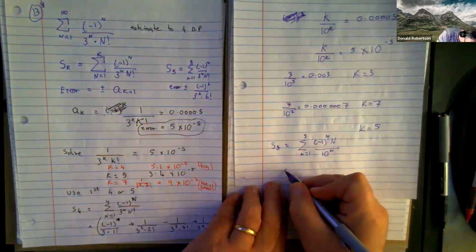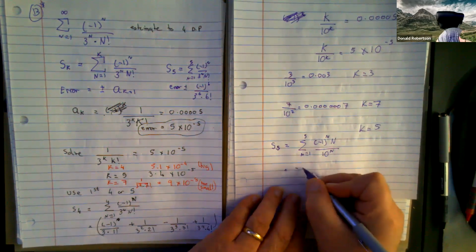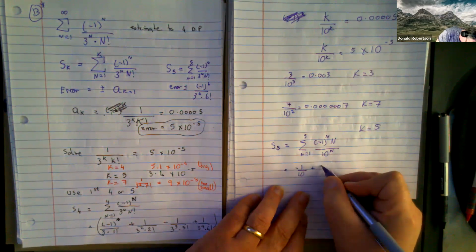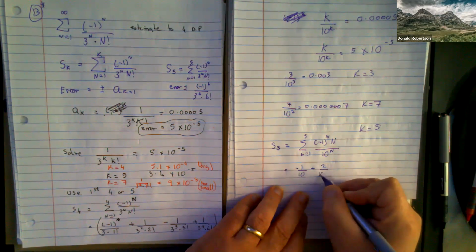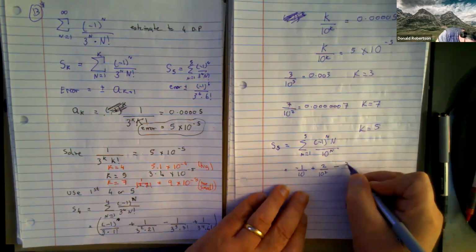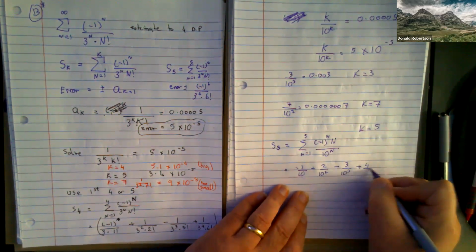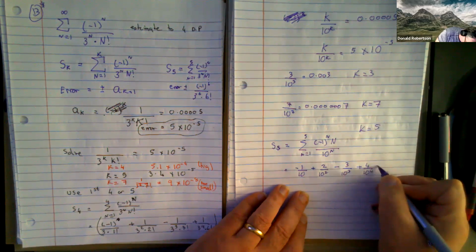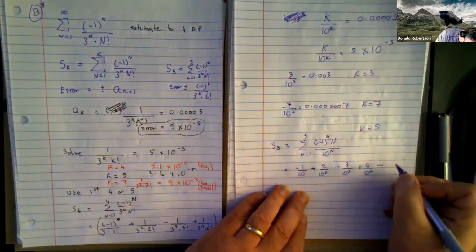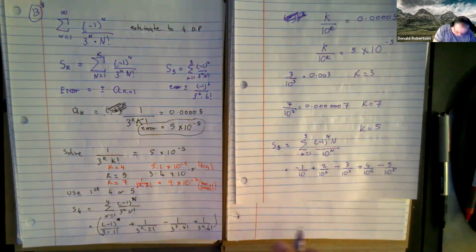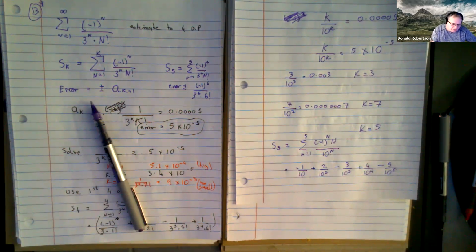So plug in 1, you get -1 over 10, then you add 2 over 10 squared. Then you take away 3 over 10 cubed. Then you add 4 over 10 to the 4. Then if you plug in 5, you take away that guy. Okay, let's see what that fella looks like.